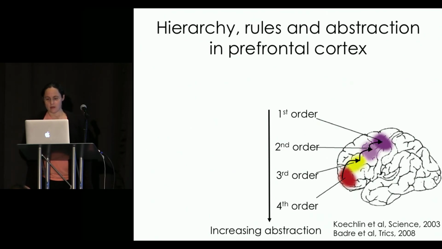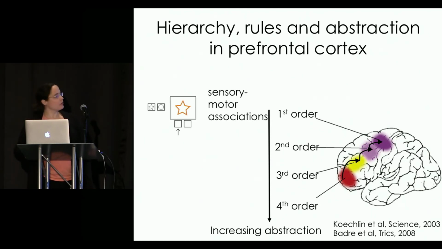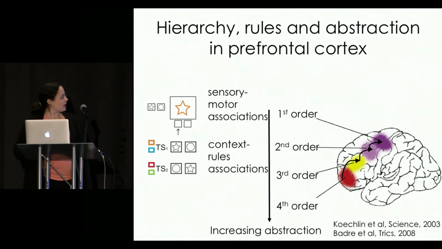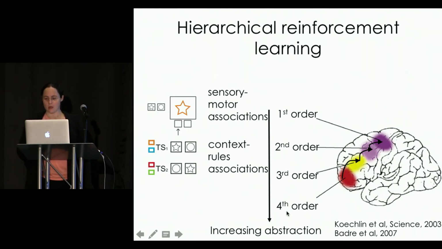And so that could correspond to, at the lowest order of abstraction, just simple sensory motor associations, and at a higher level of abstraction, this second layer of hierarchical structural learning, for example, context rule associations. And then if there's more orders, we haven't really looked into them yet.